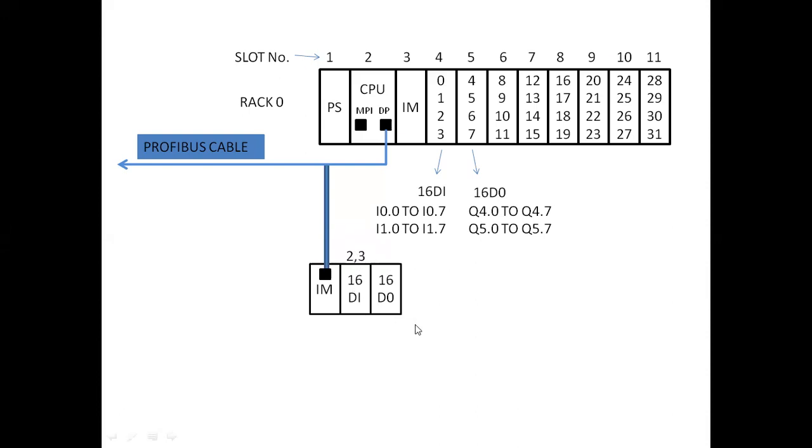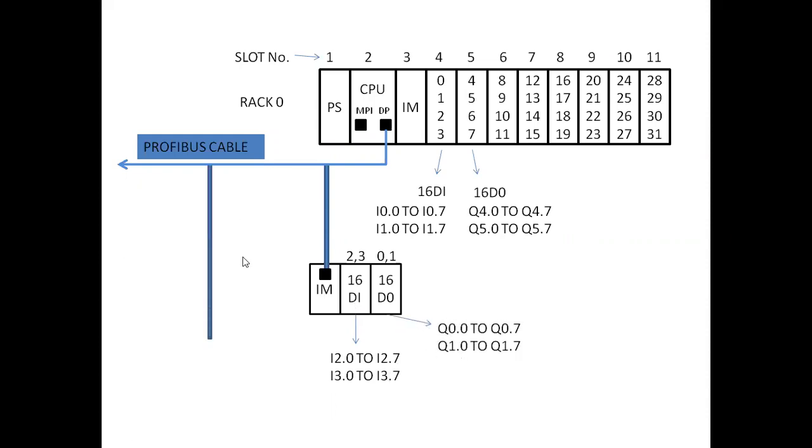For DO, it is taking 0 and 1, because in the local rack, for output, byte numbers 0 and 1 are not used, right? It is starting from 4 onwards. But 0 and 1 has to be used, so that is available on the remote IO module. Similarly, we can have the addressing here 2.0 to 2.7, 3.0 to 3.7, and similarly for the output.